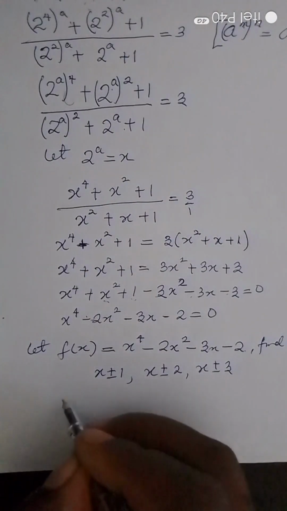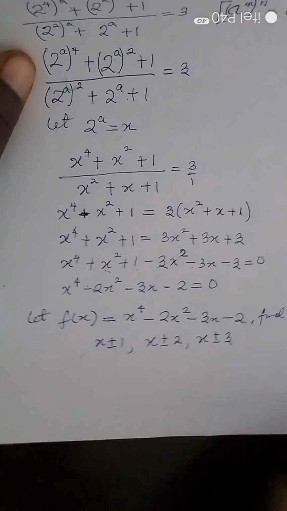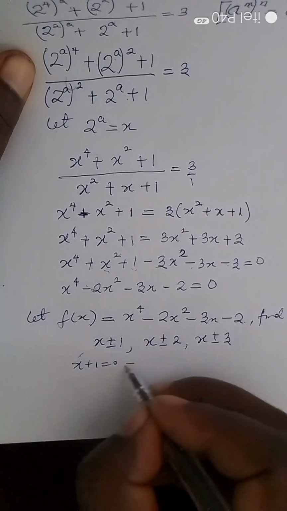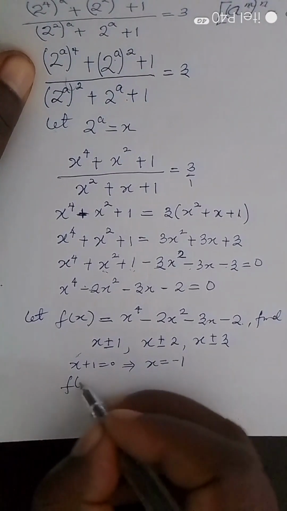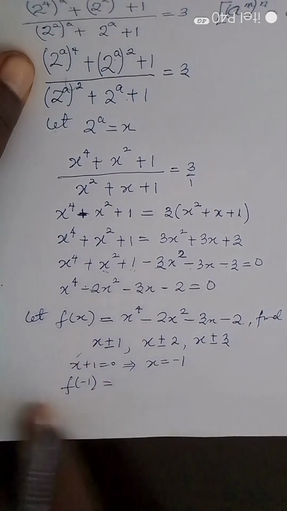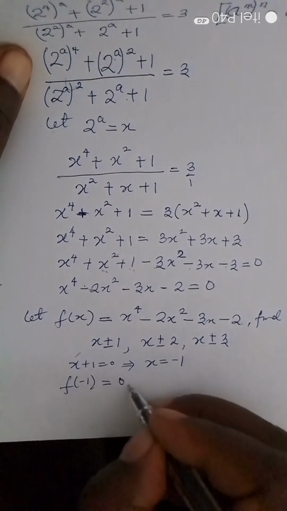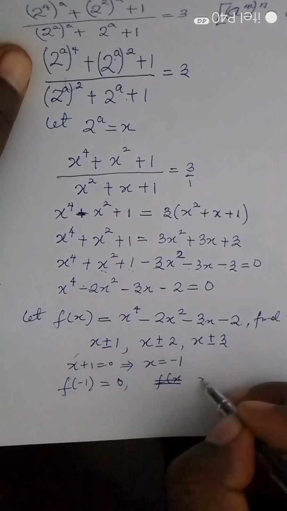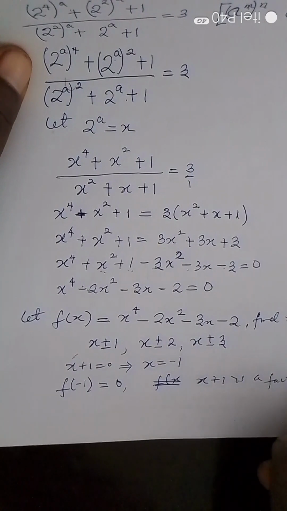Let's say we want to find which of the, okay, let's try x plus 1 equal to 0, and that would mean x equal to minus 1. So let's find f of minus 1. If f of minus 1 is equal to 0, then x plus 1 is a factor of f of x.